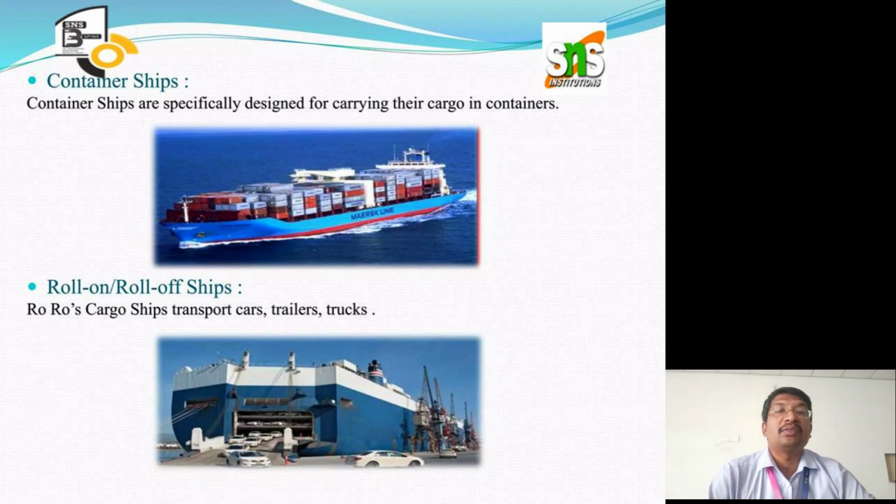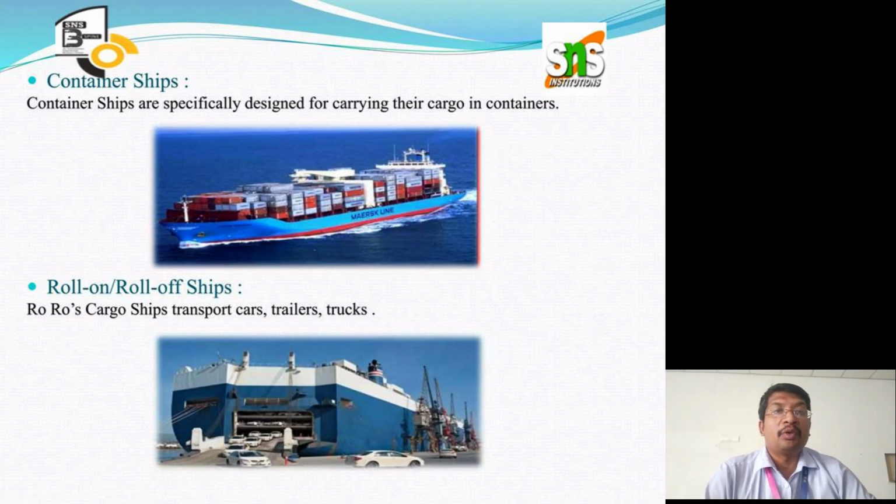Container ships. Everyone knows about the container ship and the container also. Most of you have seen them in movies. Container ships are specifically designed for carrying cargo in containers. Next are RO-RO ships, roll-on, roll-off ships.